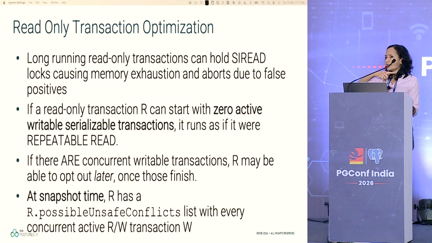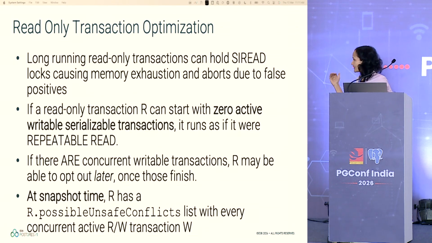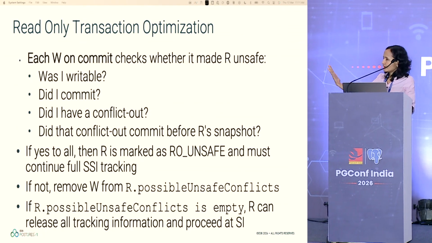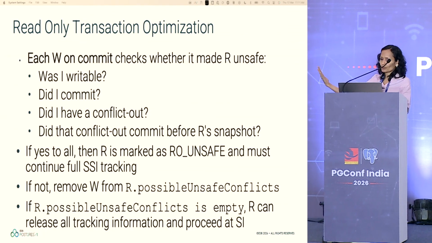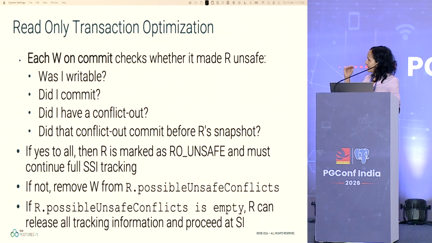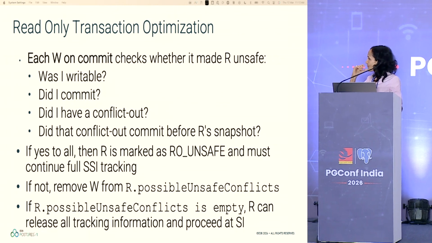So in the serializable xact that we saw earlier, there is a list of possible unsafe conflicts. R, the read-only transaction, maintains a list of possible unsafe conflicts with every concurrent read-write transaction, and every other read-write transaction which was concurrent with it will check whether it made R unsafe by checking: was I writable, did I commit, did I have a conflict out.